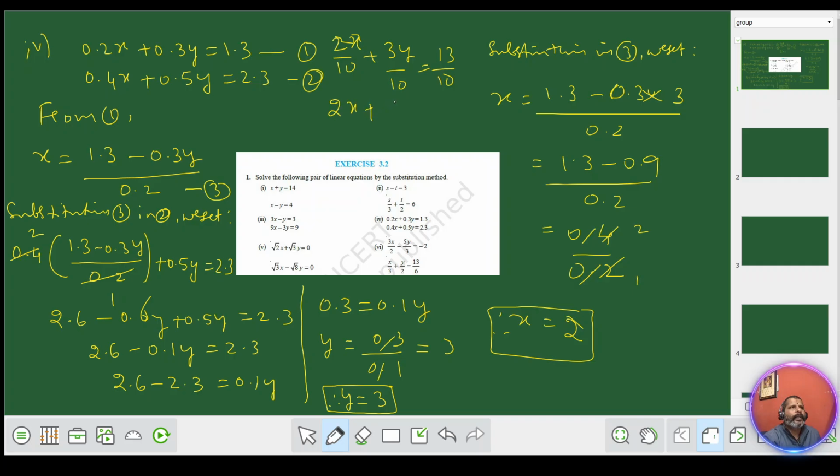Since denominators are same, it's a like fraction, so 2x plus 3y by 10 is equal to 13 by 10. 10, 10 cancels. Equation becomes 2x plus 3y is equal to 13, which is easy for you to solve. Similarly, you solve for the second one and follow the substitution method. Okay, we'll move to the next question.